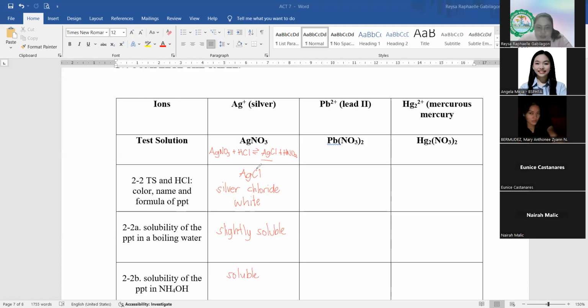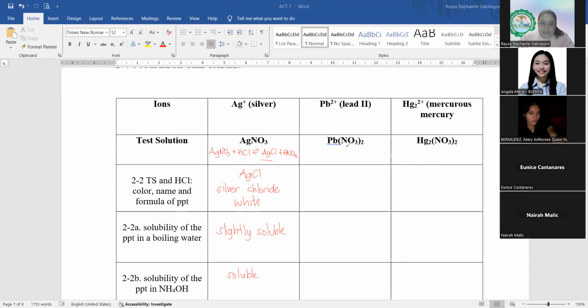So the precipitate, silver chloride, which is white, is slightly soluble in hot or boiling water, and soluble in ammonium hydroxide.